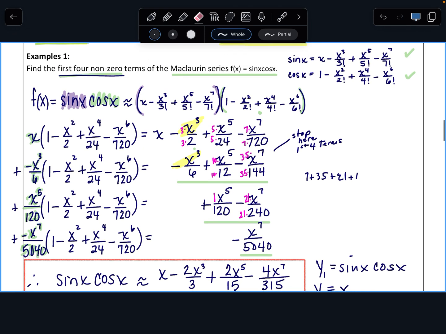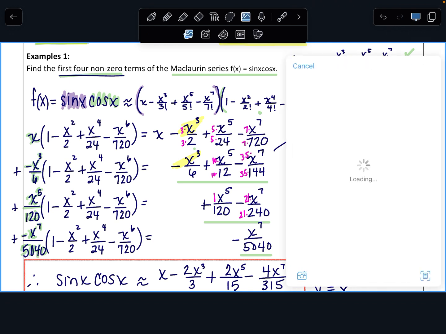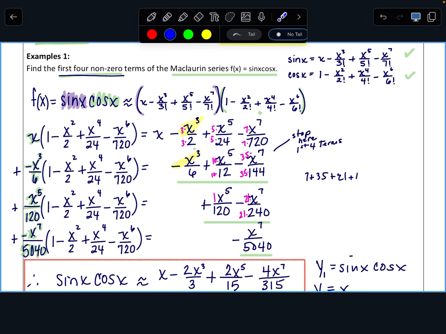Okay, so we have our x, and then we're going to multiply. Here's the first step, let me get my bouncing ball here. So this is x times the first four terms of the cosine. Then we have the second term of sine, negative x cubed over 6 times cosine. Then we have x to the 5th over 120 times cosine.